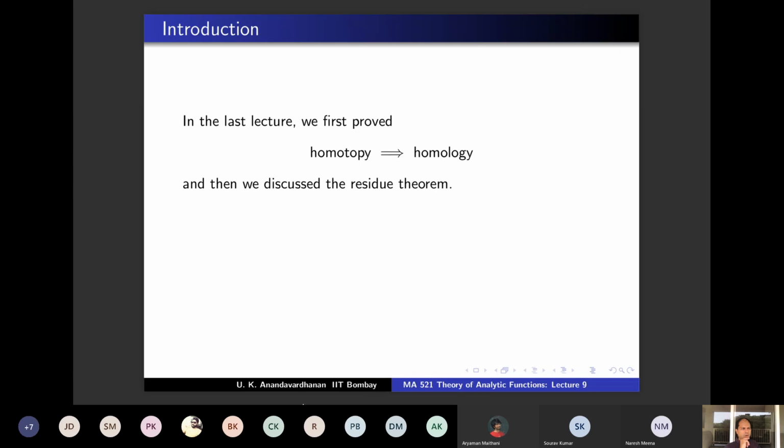We wanted to say that if you have a meromorphic function and you consider its set of poles, and you take a path or a cycle, a finite sum of paths, which should not go through these poles. So take your cycle in omega minus the set of poles. Assume it is homologous to 0, because it's a corollary to the global Cauchy theorem.